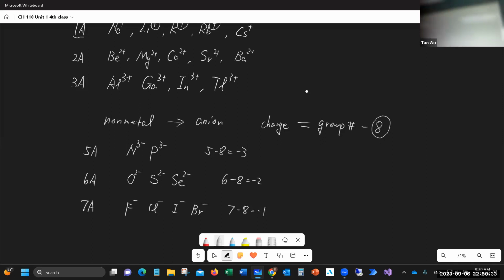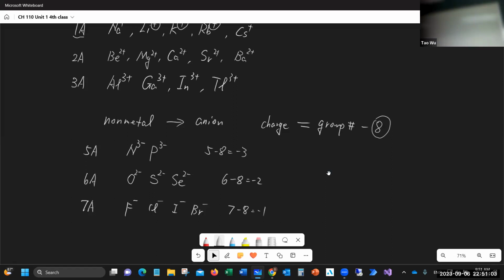And the noble gases do not have a charge, because they are noble. They're not going to react with others. They just stay intact. So this is generally the rule for monoatomic ions. I hope you can remember at least some: 1A, 2A, 6A, 7A.